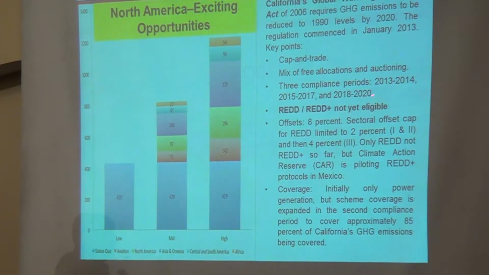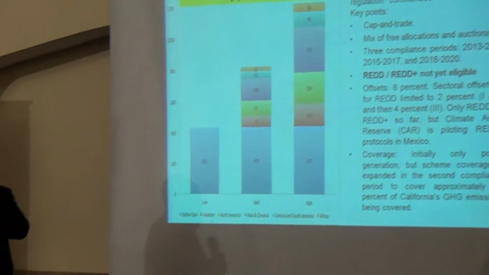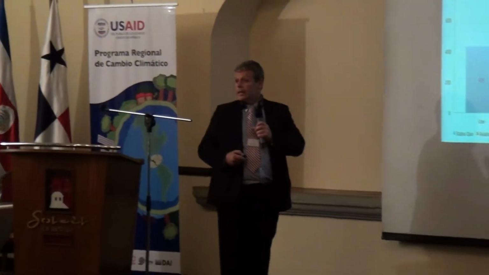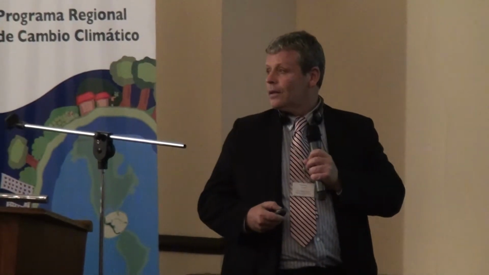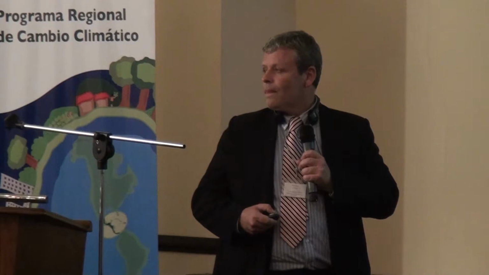There are 3 compliance periods. Currently, REDD Plus is not yet eligible, but I think the expectation is that it will be eligible in at least the 3rd phase. Would that be right, Leslie? I think people are still hopeful, and it's got the one line in the red, but there's been no rulemaking started yet.